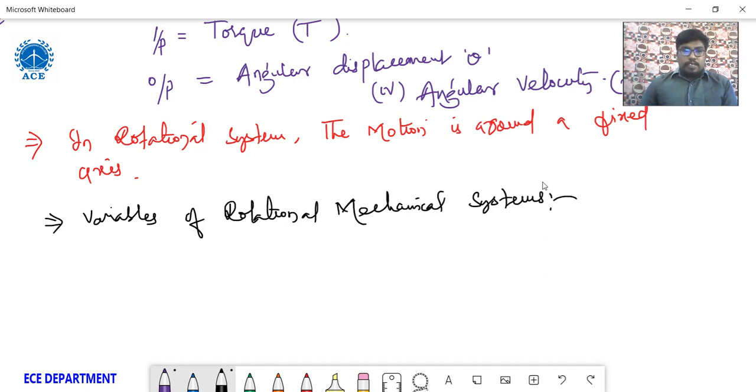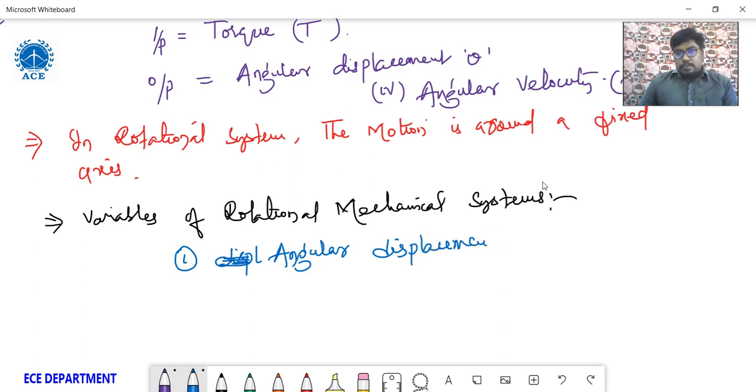The first one is displacement. As I said already, these are angular quantities, so angular displacement, which is represented with theta.